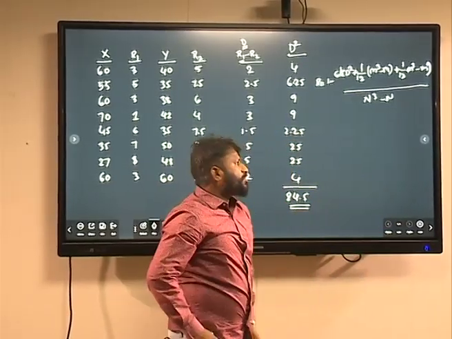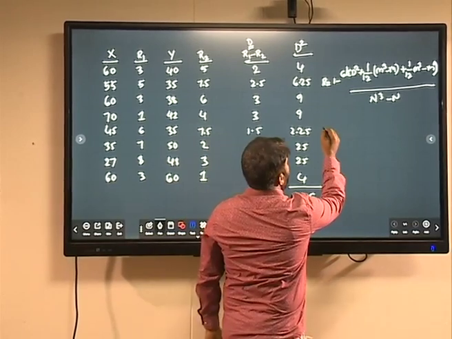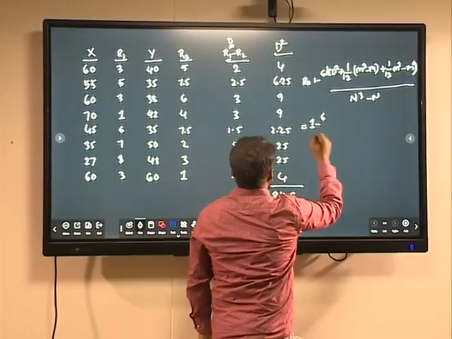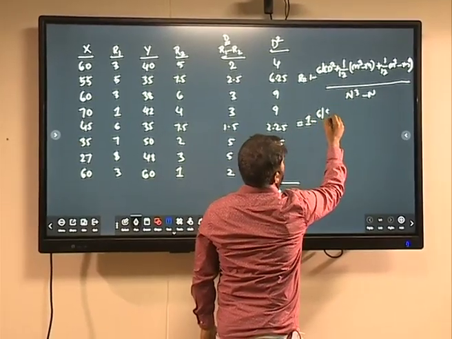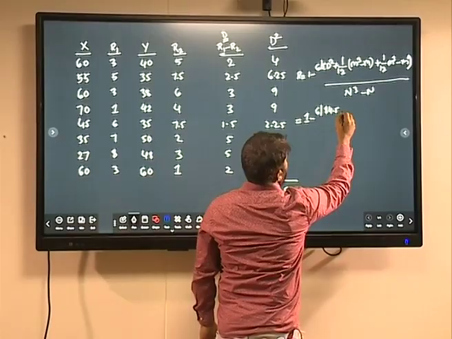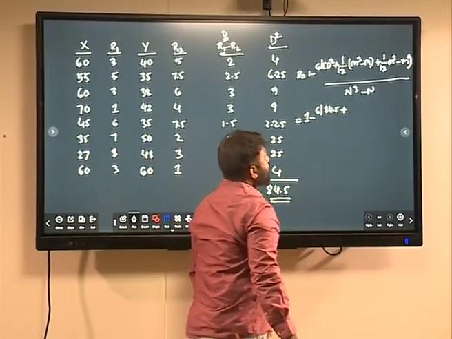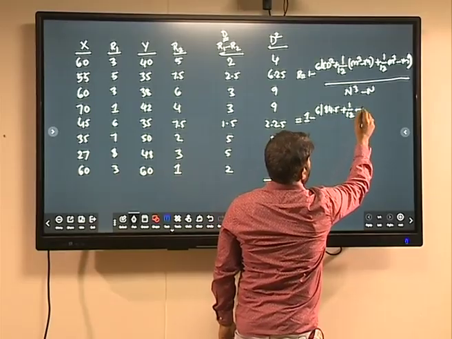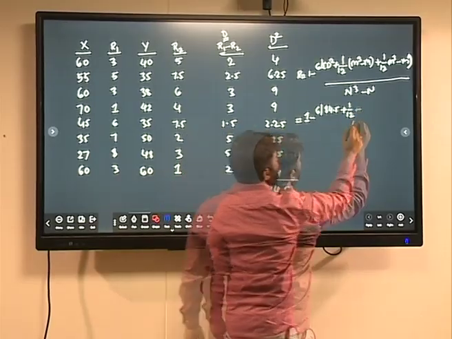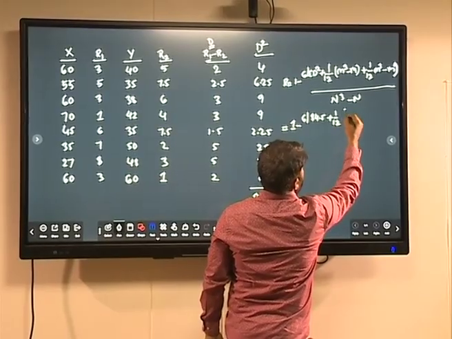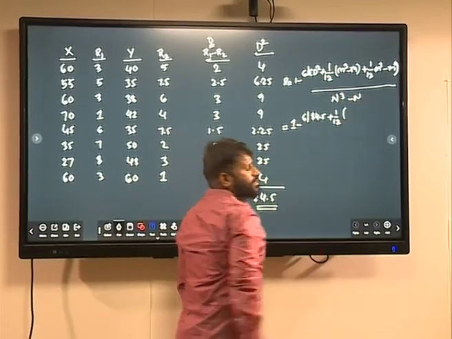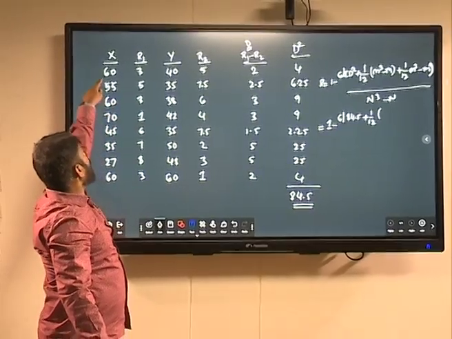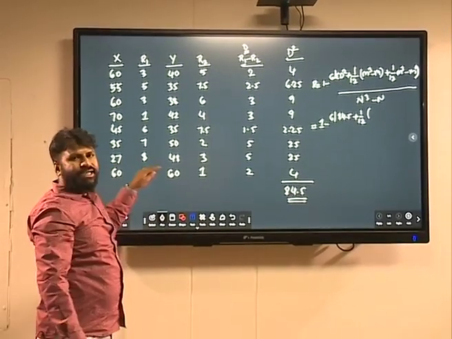So I am going to substitute that. 1 minus 6 into 84.5 plus, 1 by 12 is the formula as it is, into m cube minus m. Here, how many times is this repeated? 1, 2, 3, 3 times repeated.